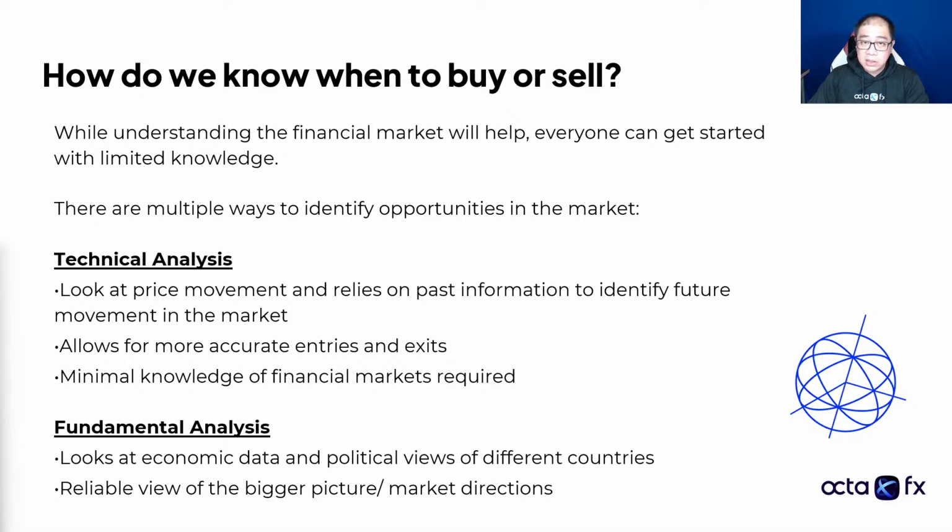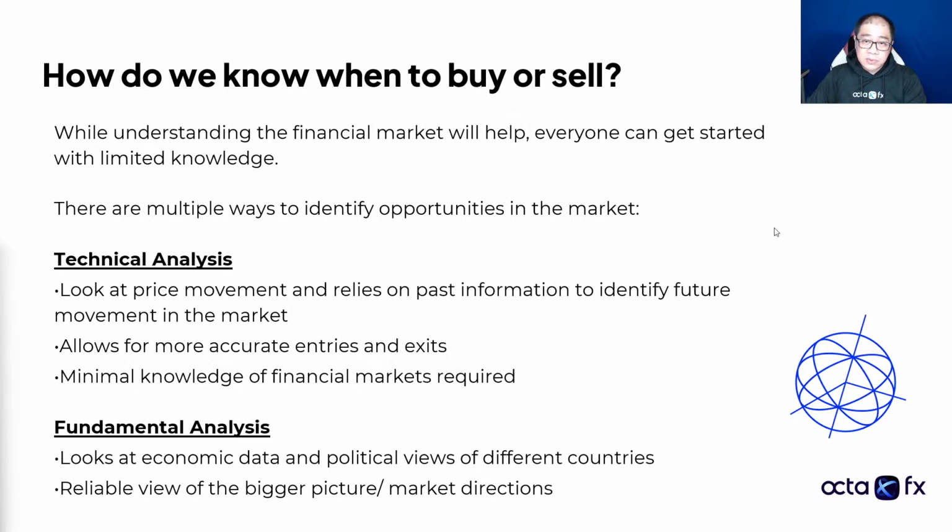It's basically technical analysis. It's basically looking at price movement and relying on past information to identify future movement in the market. Allows for more accurate entries and exits. Minimal knowledge of financial market required. You don't need to have a financial degree or take Econ 101, for example, to get started in technical analysis.